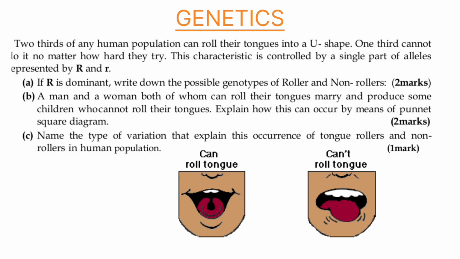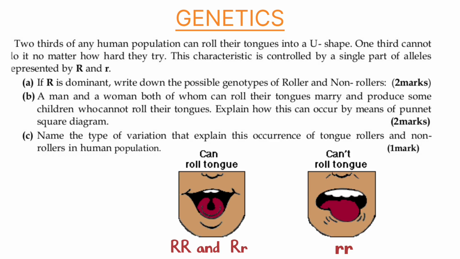So if you have an individual that has the following genotype, 2 capital R's or 1 capital R and 1 small r, then yes, they can roll their tongue. Okay? Now, the recessive allele is for non-tongue rolling. It's assigned a small r because it's recessive. So for a person not to be able to roll their tongue, they need to have 2 small r's.